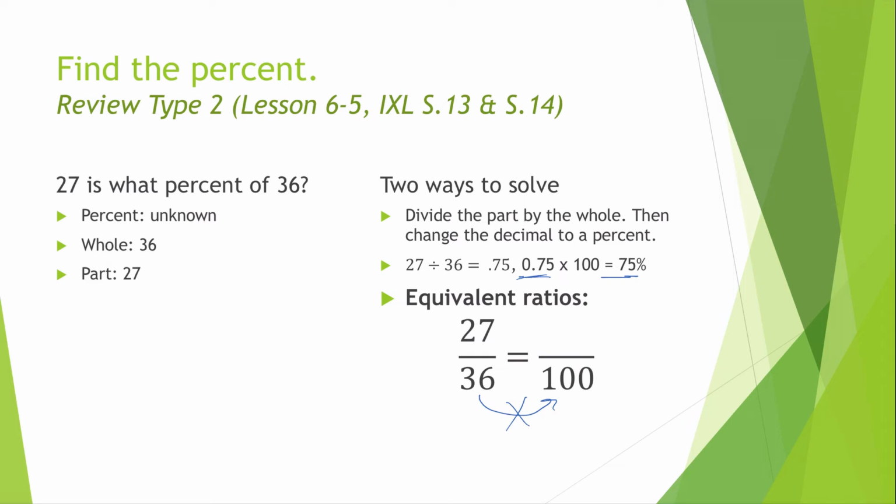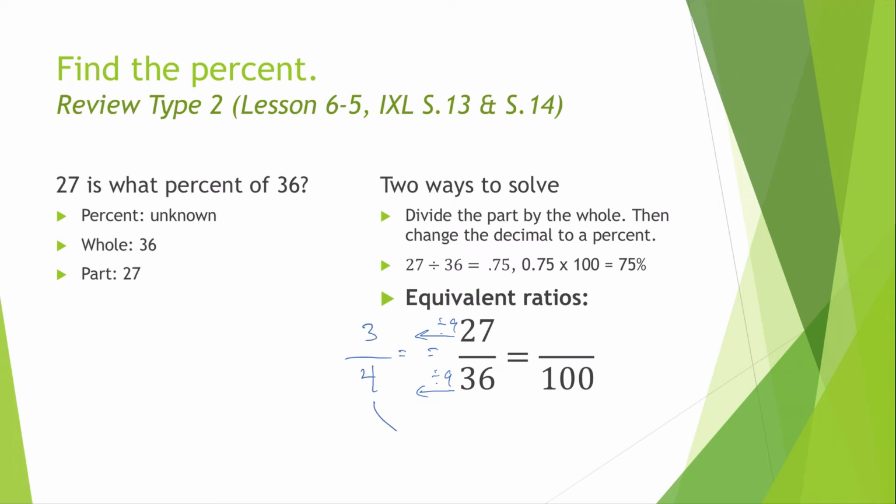When we try to figure out, okay, well, what about going this way from 36 to 27? If I divide 36 by 27, that also gives me a repeating decimal. So I can't do it that way either. But what we can do with this is using that scaling down to scale back up again. I know that both of these numbers are divisible by 9. And I know that when I divide by 9 here, 36 divided by 9 is 4, 27 divided by 9 is 3.